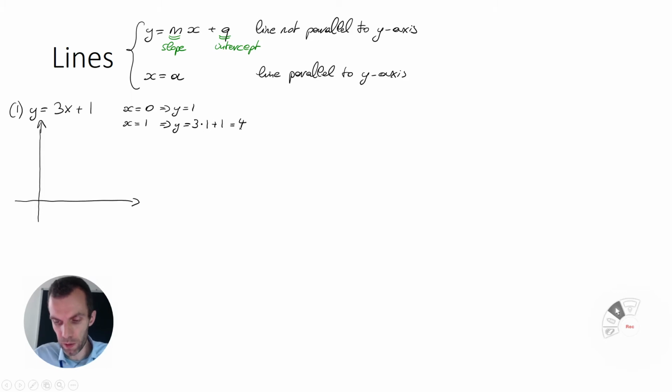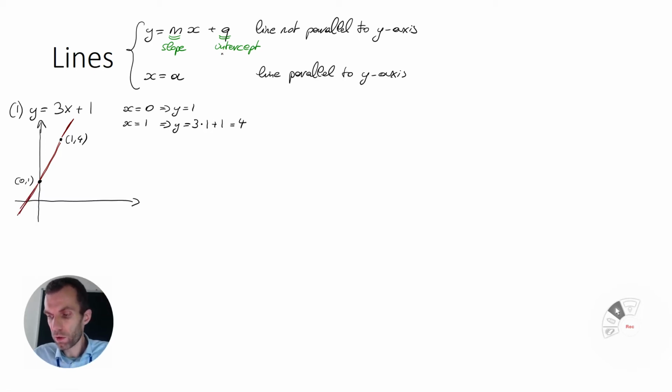So the simplest calculation, but worked out. That tells me that the point (0, 1) is on my line, and the point (1, 4), which is probably here, is also on my line. And therefore my line looks like this. And I have a nice drawing.